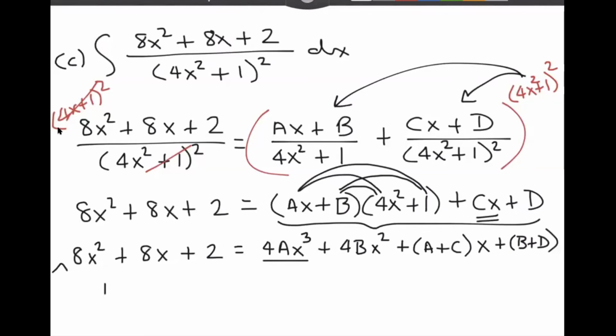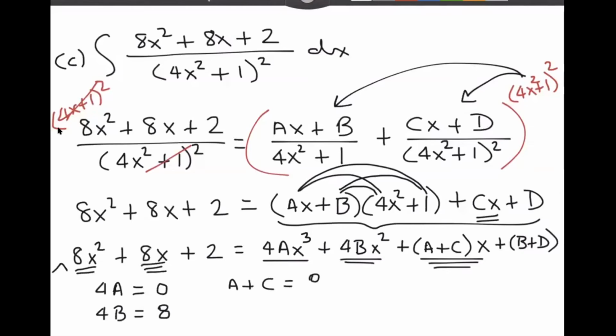So that means 4a is 0. The x² coefficients are the same, which means 4b is equal to 8. The x coefficients are the same, which means a + c is equal to 8. And the constant terms are the same, which means b + d is equal to 2.